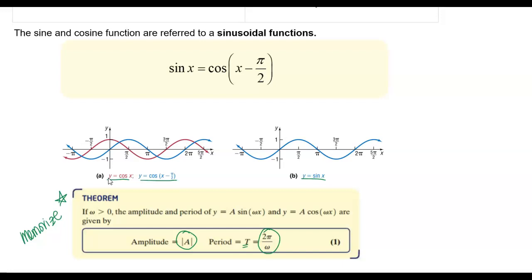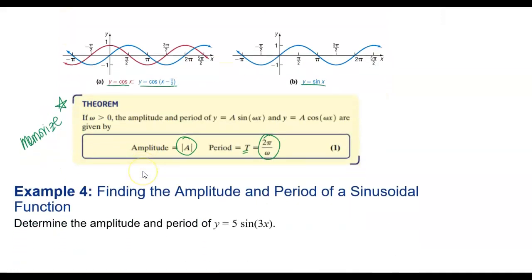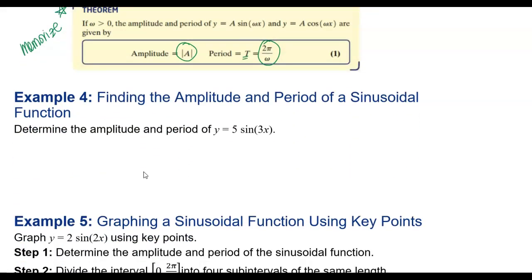You will be asked to find the amplitude and period of several functions, so just commit that to memory. So here we have y equals 5 sine 3x. Our amplitude is the absolute value of 5, and in this case it is 5. And our period T is 2 pi over omega, which is 2 pi over 3. Nice and simple that way.